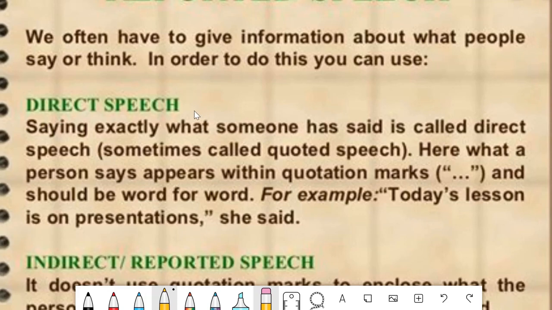Direct speech is when you say exactly what someone has said. Sometimes it is also called quoted speech.